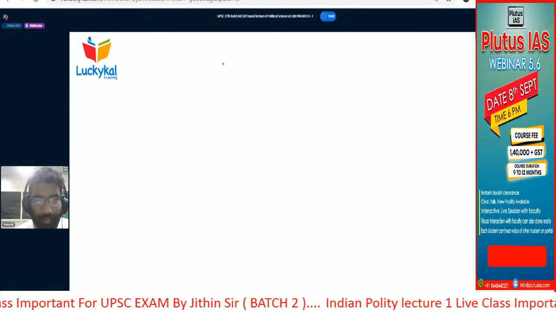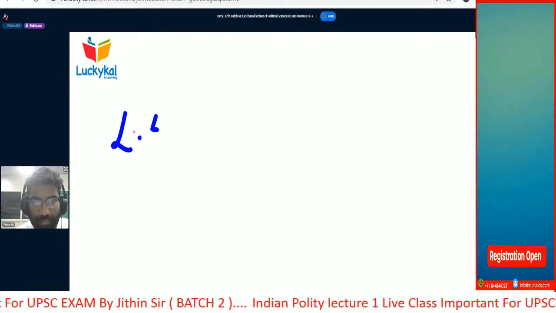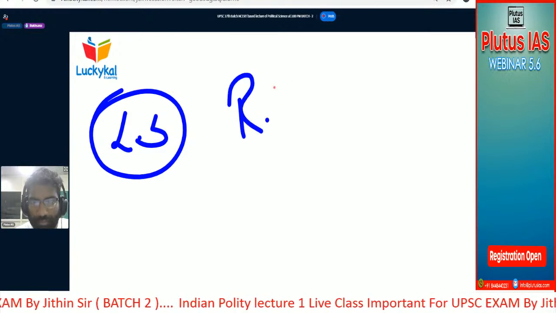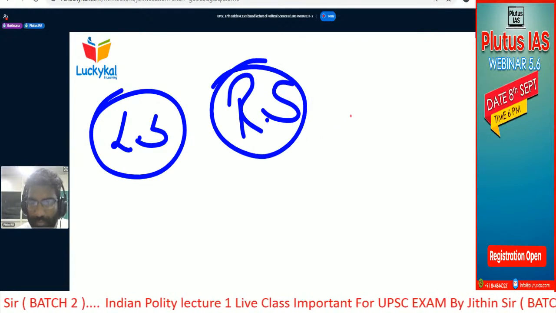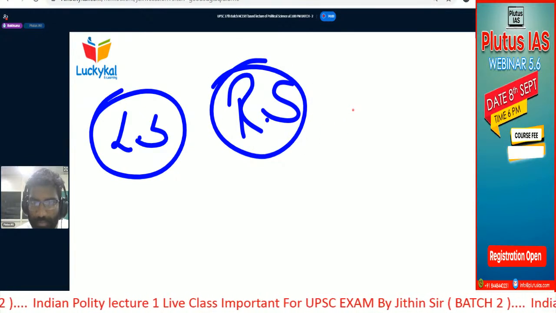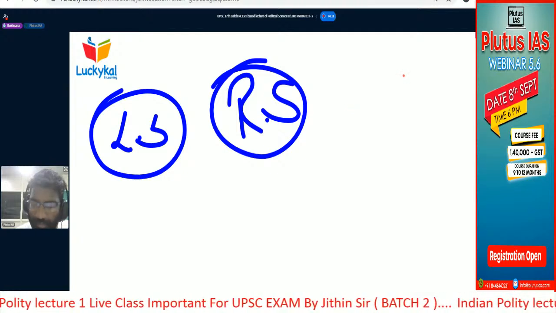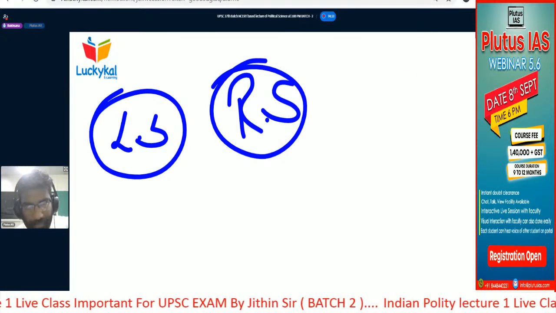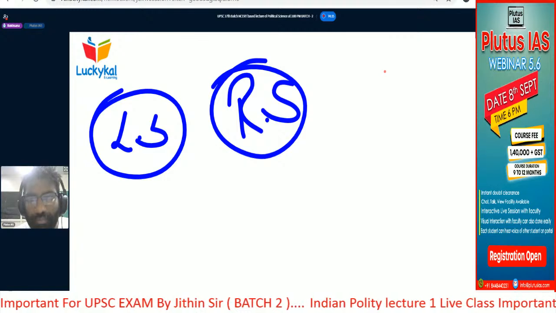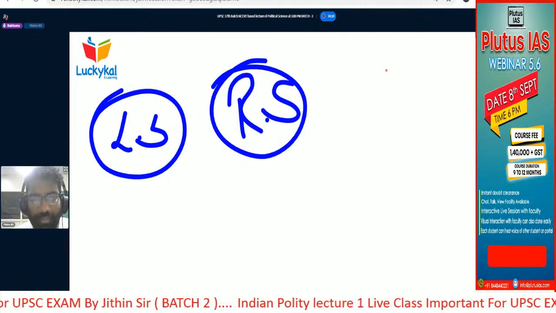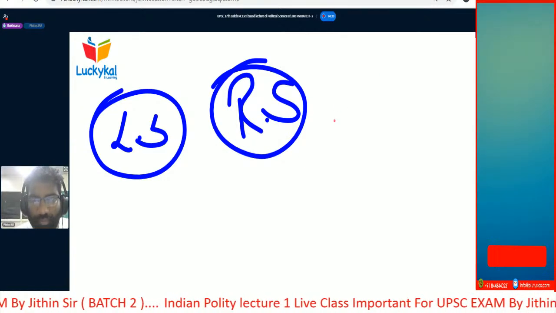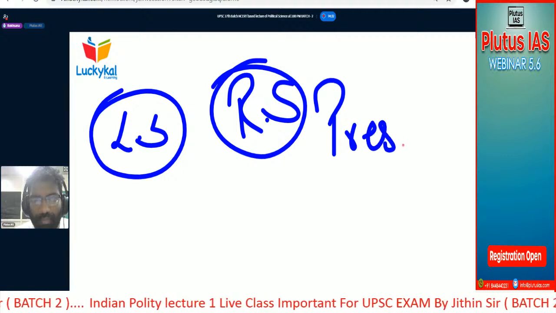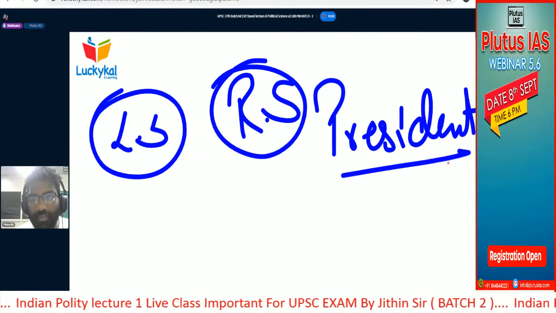Whenever a law has to be made, a bill is passed in the Lok Sabha, approved by majority, then it goes to the Rajya Sabha, where it is also approved by majority, then the bill is passed to the president, who signs the bill, and then it becomes law.